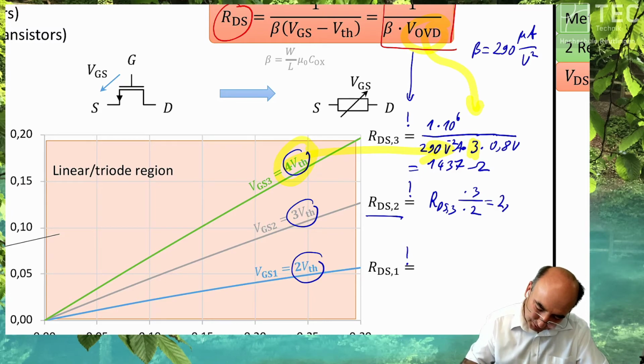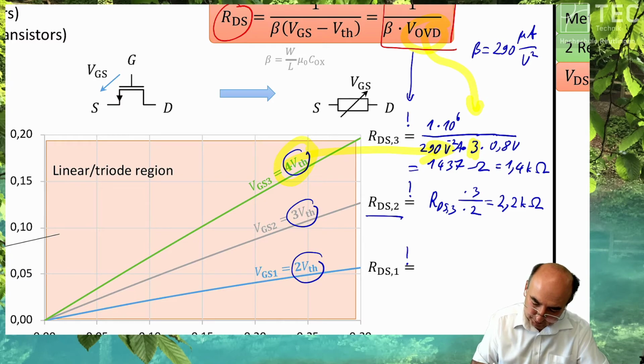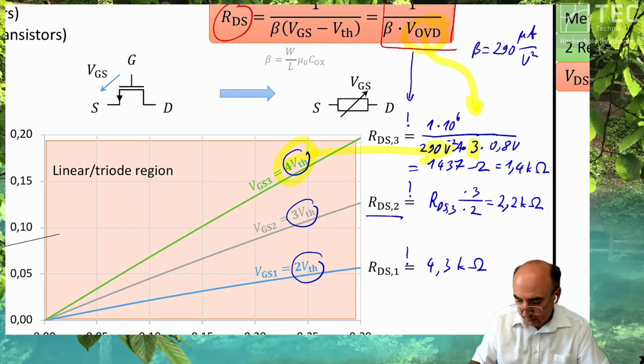Okay, that's a good value. 2.2 kilo ohm. So it is 1.4 kilo ohm. And here at the lower end, 4.3 kilo ohm. So that looks good.